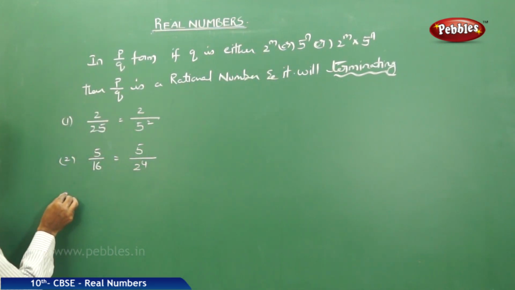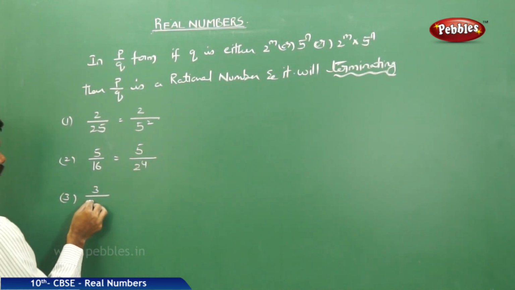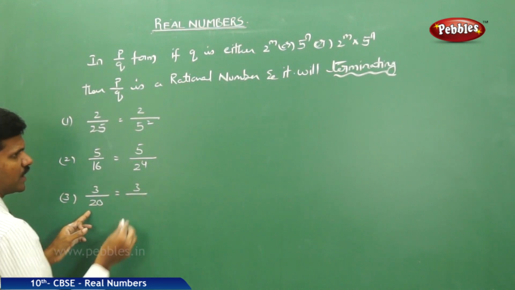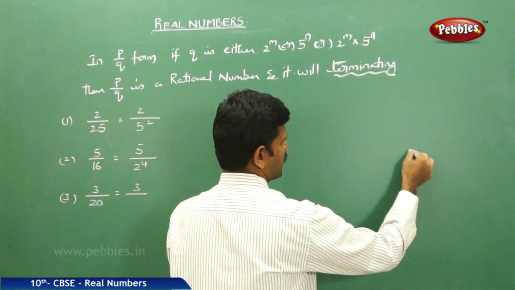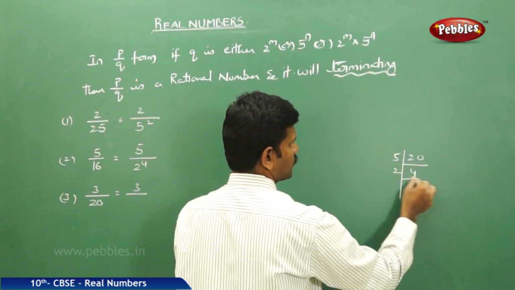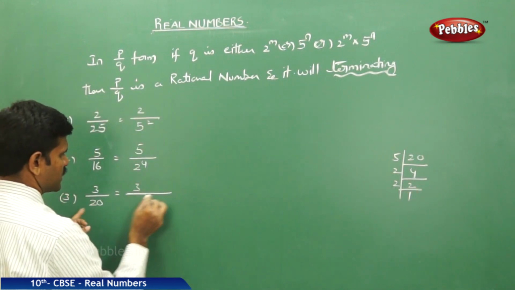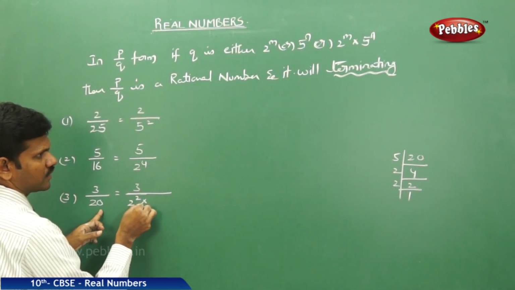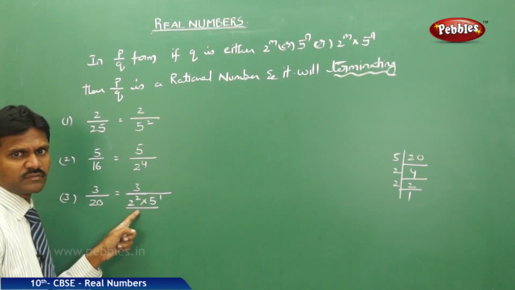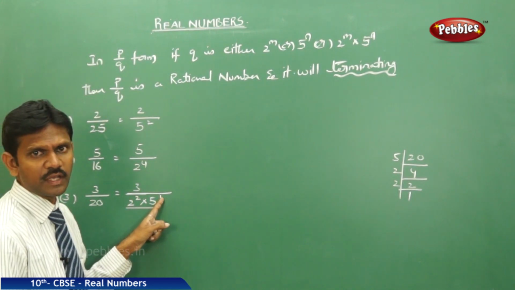Another example, 3 by 20. 20 can be broken down into 5 times 4, 2 times 2, which can be expressed as 2 square into 5 power 1, so the denominator is of the form 2 power m and 5 power n.